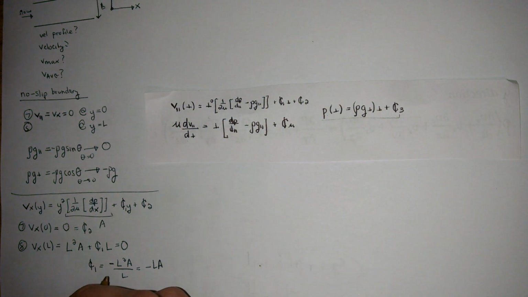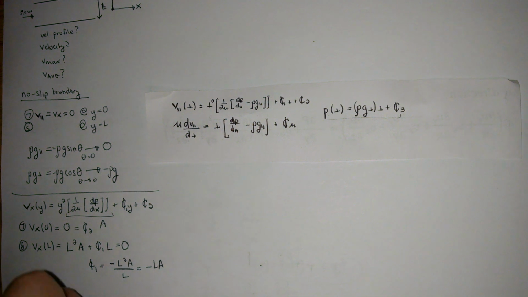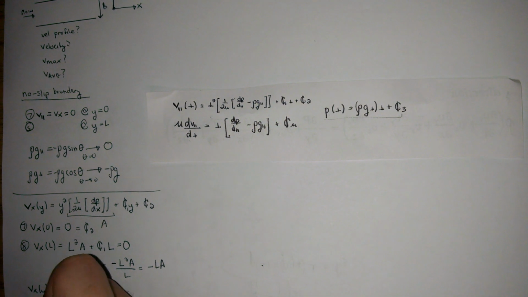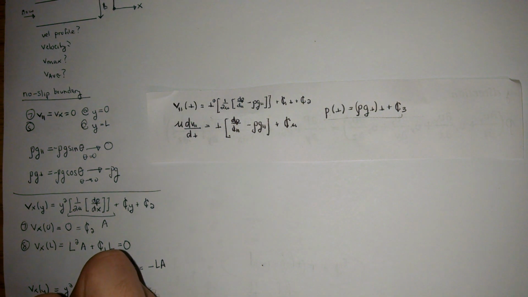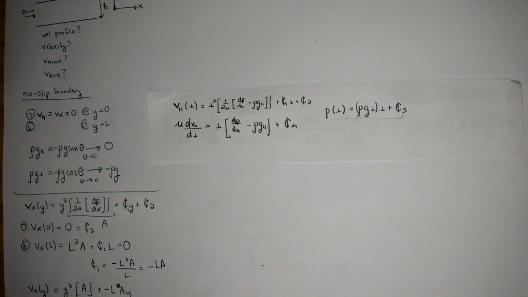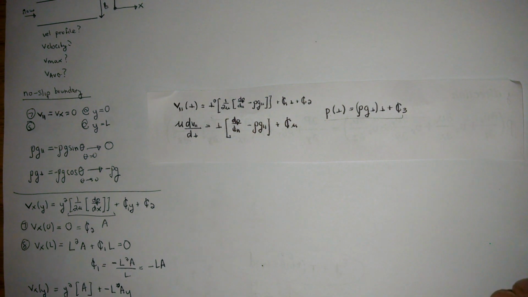So we know our velocity is going to be Vx, which depends on y. Call that A again. A y squared minus LAy. And that's it.